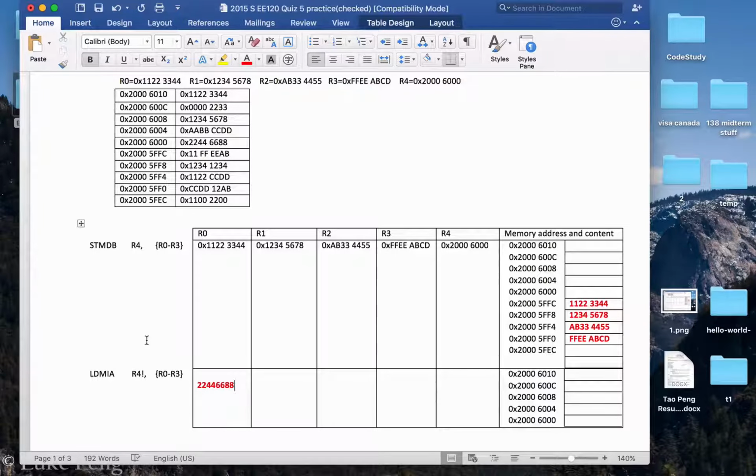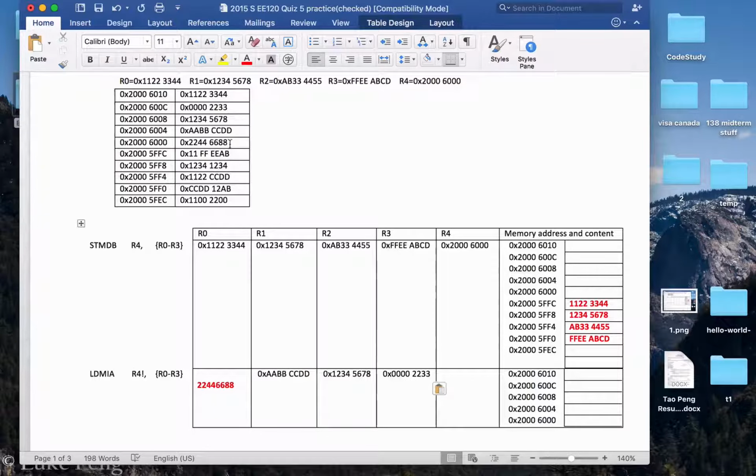After I read that, I increase my pointer to this next location, and I read again, which is this one, and it goes to R1. Then I increase again, go to here and read this into R2, then I increase again, then I read this, and it goes to R3.